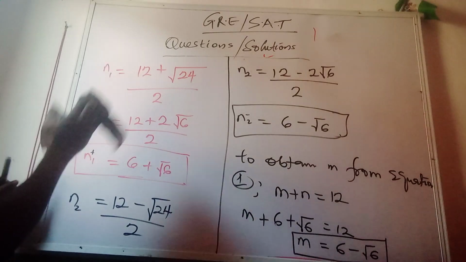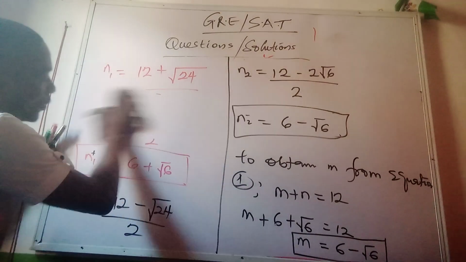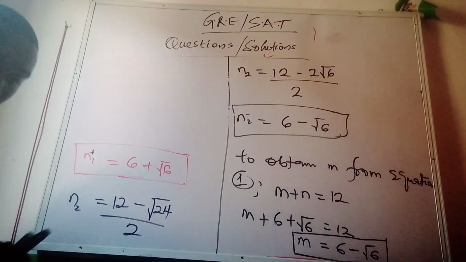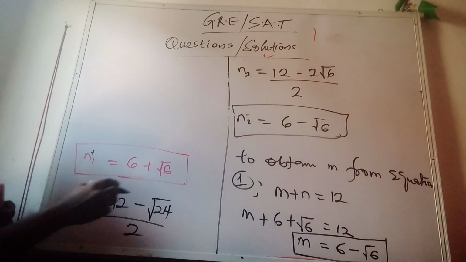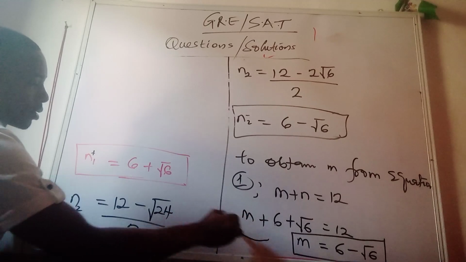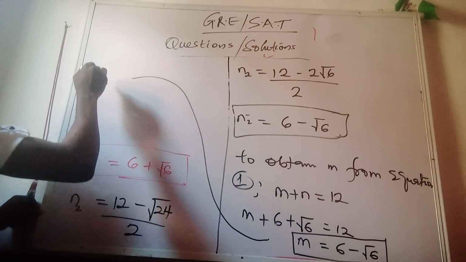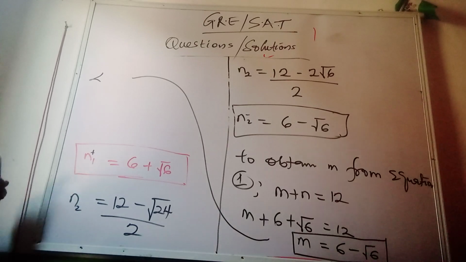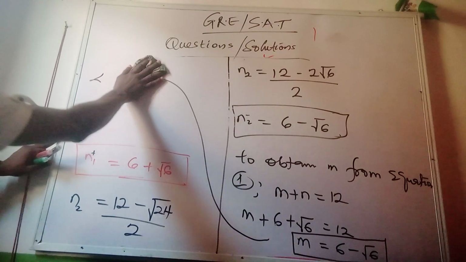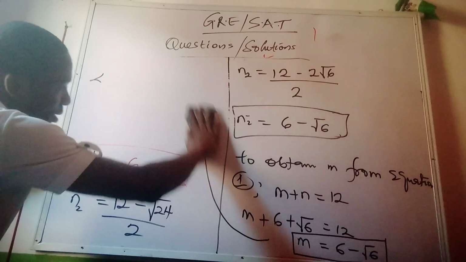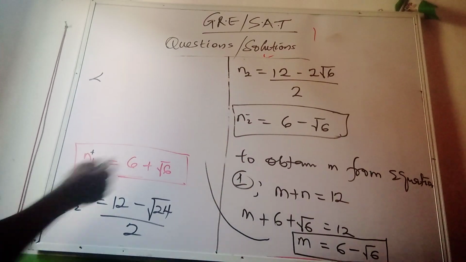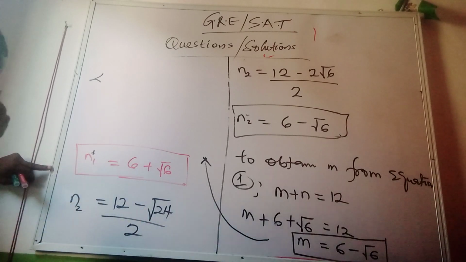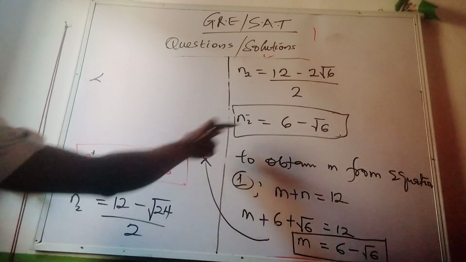Now for the second n, what do we do? We are substituting using the n minus now, which is this.